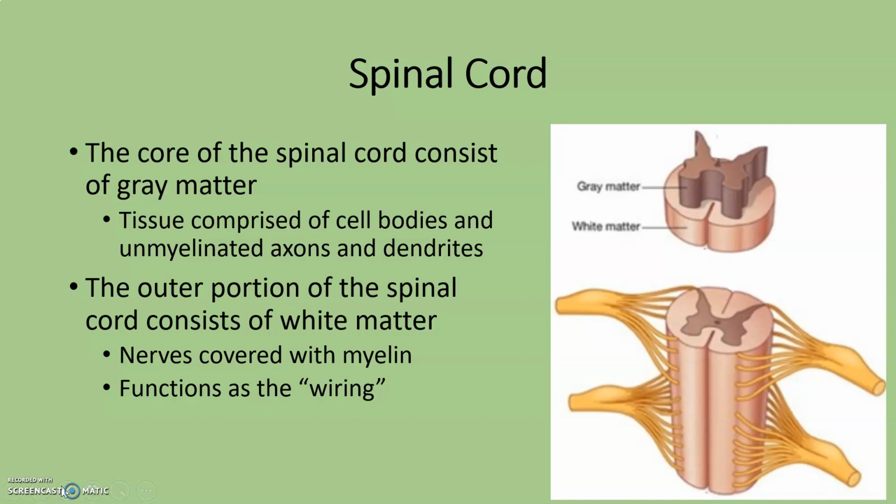And then you have an outer portion of the spinal cord, which consists of white matter. The white matter is white because it has nerves that are covered with myelin, which has a white appearance. And this white matter functions as the wiring of the spinal cord. This is because the white matter is what contains the sensory and motor neurons.